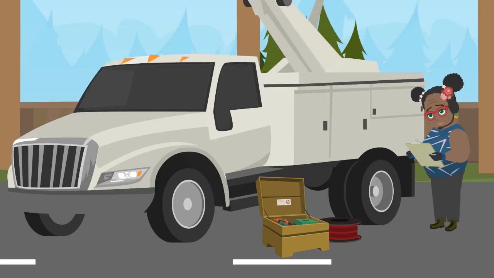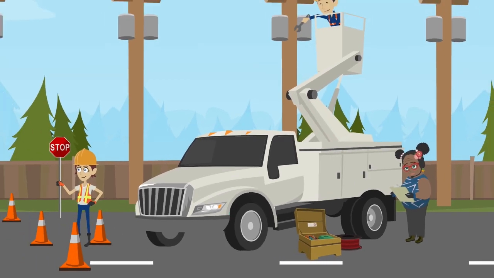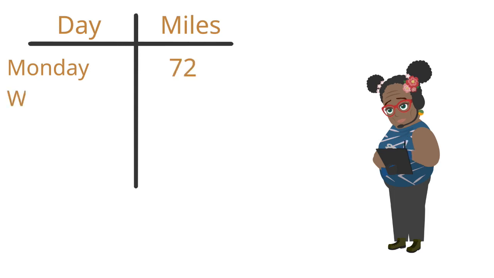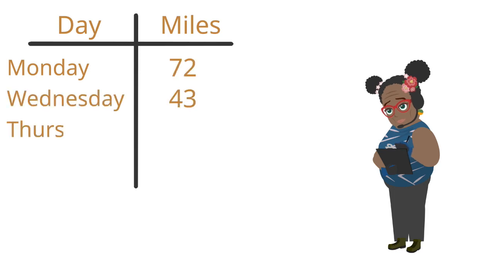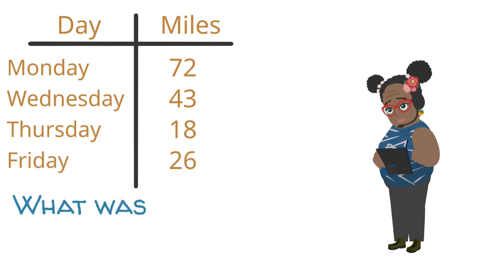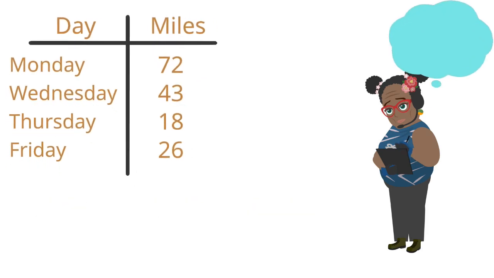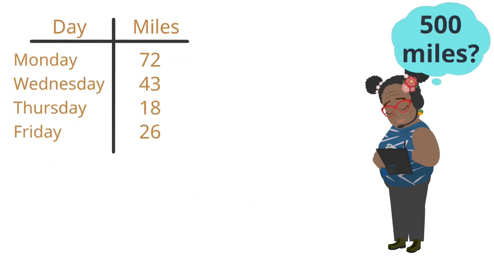Michaela sometimes drives a truck for the city as part of her job. She keeps track of her miles to submit a weekly total. If she drove 72 miles Monday, 43 miles Wednesday, 18 miles Thursday, and 26 miles Friday, what was her mileage for the week? She wonders if she will drive 500 miles this month.